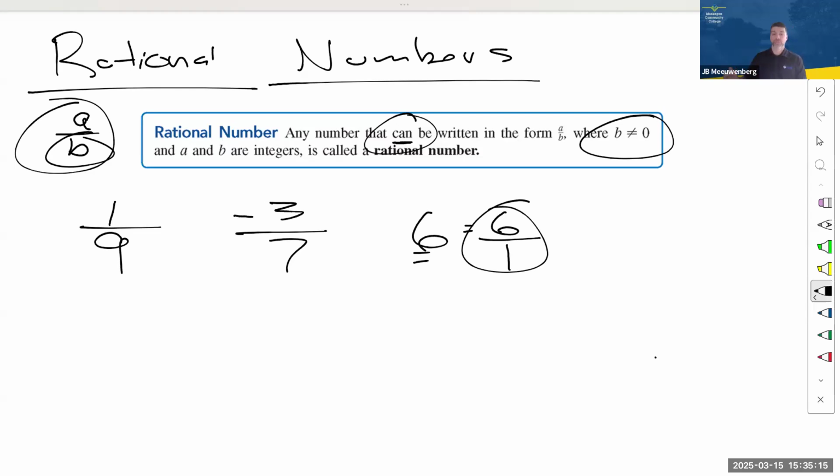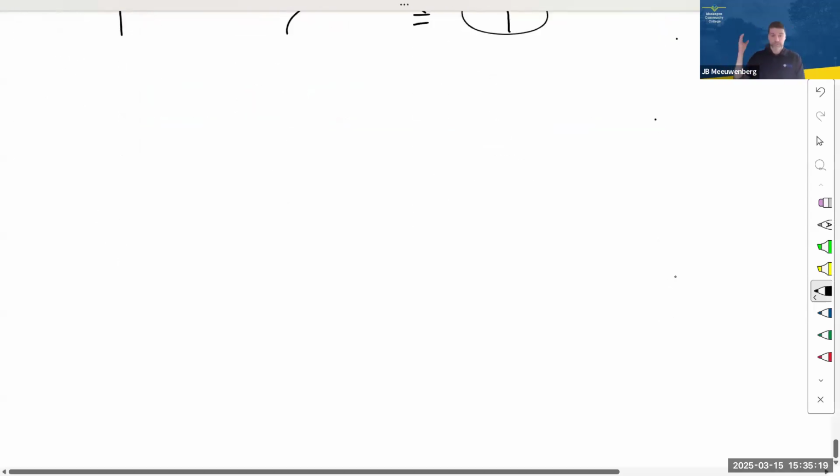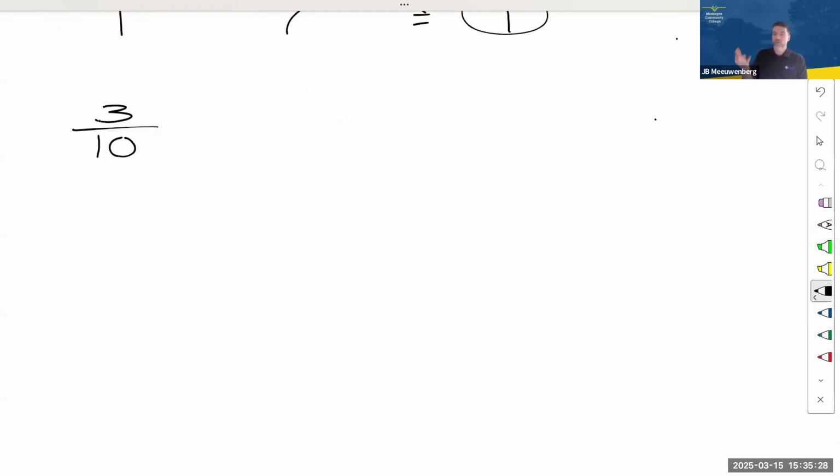Now, rational numbers can be expressed using many different symbols or numerals. Think about this. That's a rational number that looks like a fraction, but we've seen that also represented in this particular chapter as 0.3, 3/10.